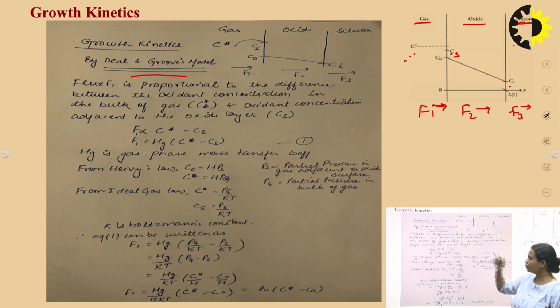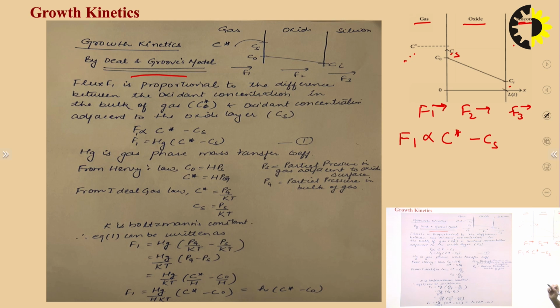Initially, what is happening is that when C star is moving to CS, it is creating some flux. That flux is directly proportional to C star, the concentration in the gas phase, minus CS, the concentration at the oxide and gaseous interface.